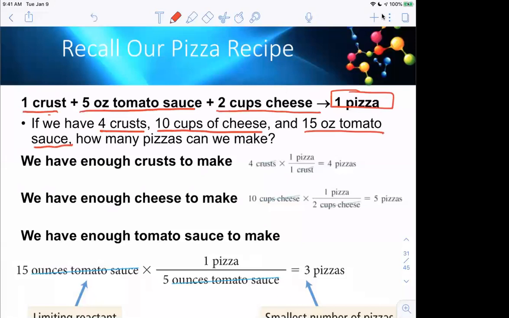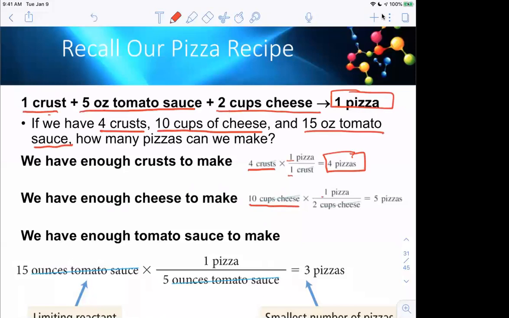Let's calculate the number of pizzas that I can make from each one of these ingredients individually. If I have 4 crusts, I'm going to use the ratio for every 1 crust, I have 1 pizza. That means I can make 4 pizzas if I have 4 crusts. 10 cups of cheese.